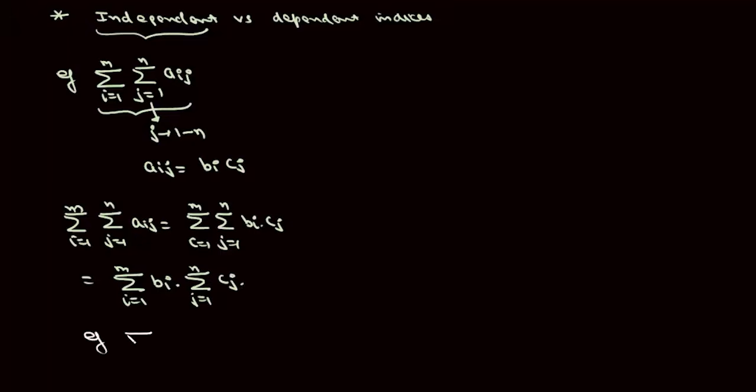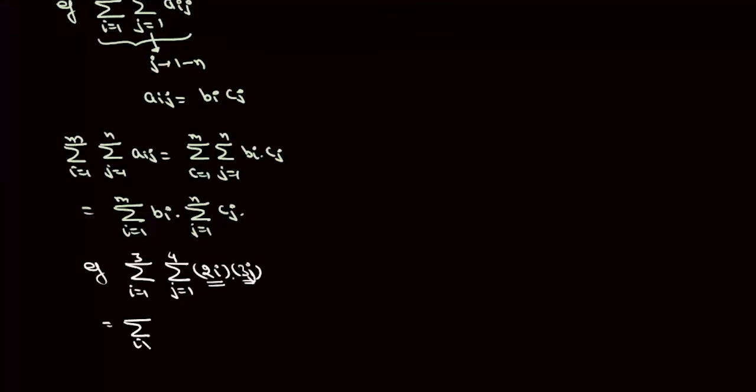Suppose we want to find this double summation, i varies from 1 to 3, j varies from 1 to 4, of 2i into 3j. The indices are independent and this term is already factorized. So we can write this as summation i from 1 to 3 of 2i, and summation j from 1 to 4 of 3j.